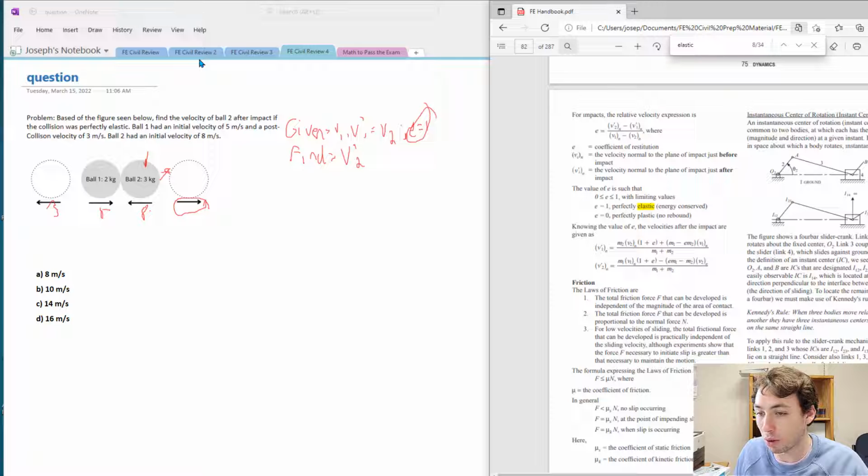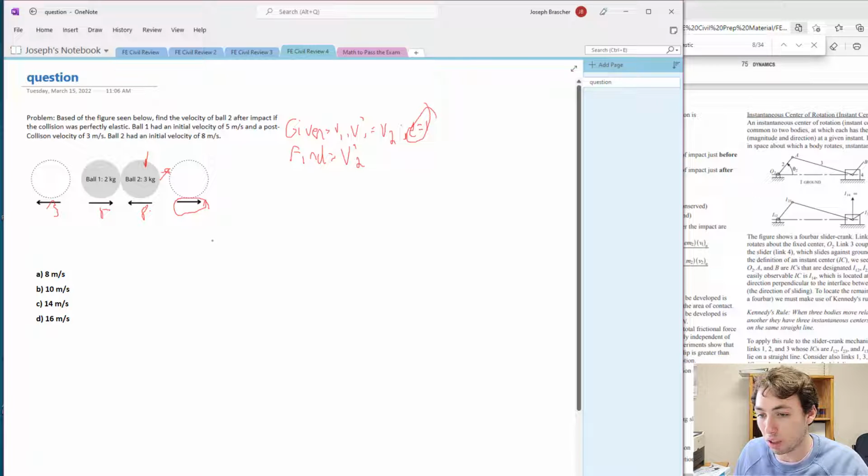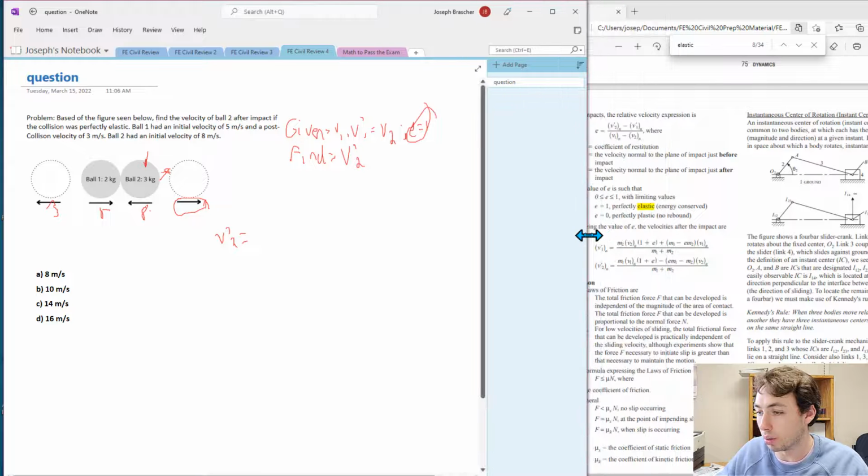So it's V prime of 2. That's our next step. We're going to identify what equation we're going to use. V prime of 2 equals M1, the mass of the first ball, times V1, times 1 plus E. We know E is 1 for that.